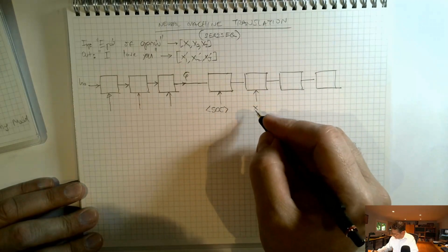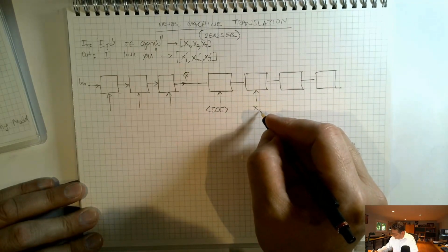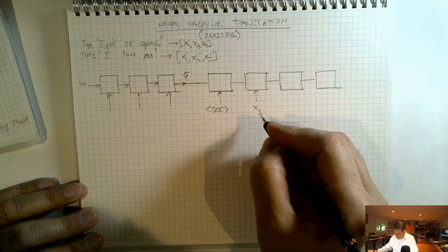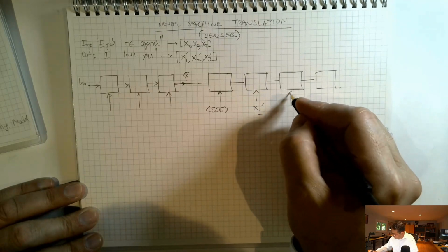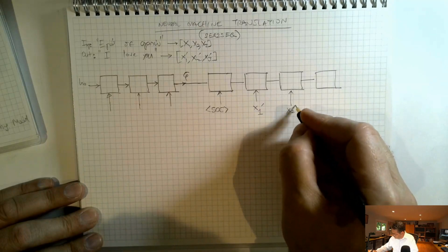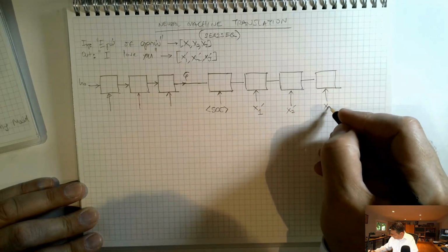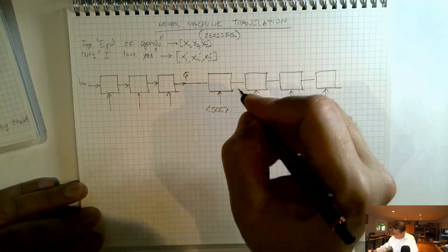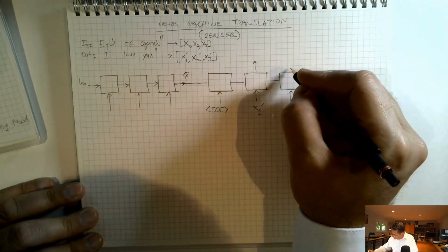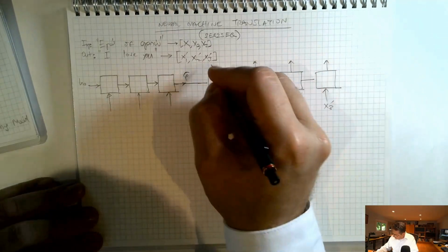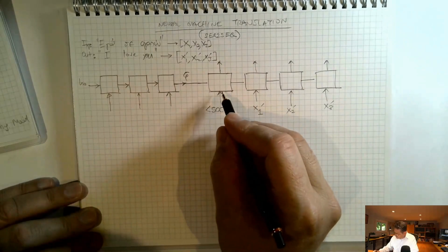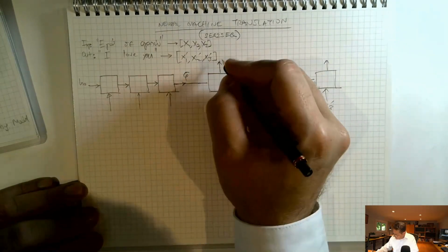During the training, we are using the ground truth, and the prediction is the prediction of the translated token.